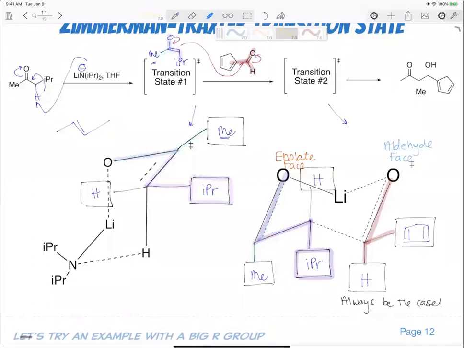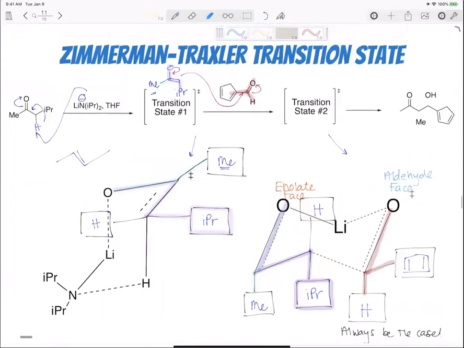Okay, so let's check our work. Why do we get the anti-product? Remember, oh, by the way, there's a mistake here. This should be isopropyl, not methyl. Change that. Do you see that the isopropyl here and the oxygen here, because this oxygen is going to be what forms the alcohol, right?